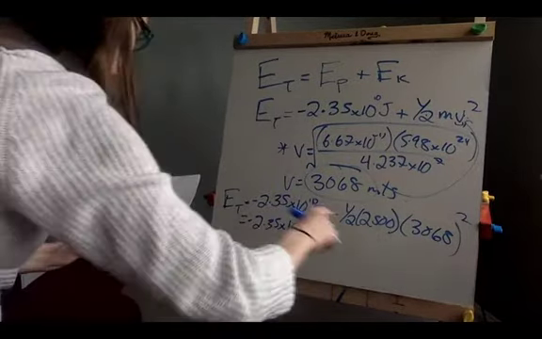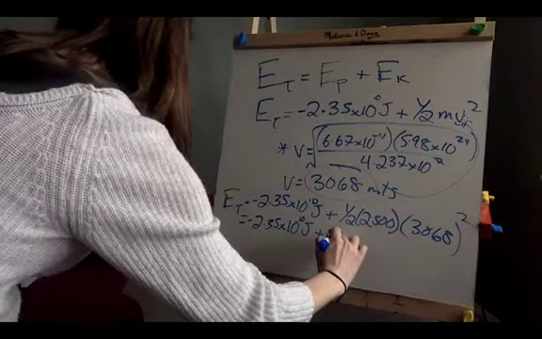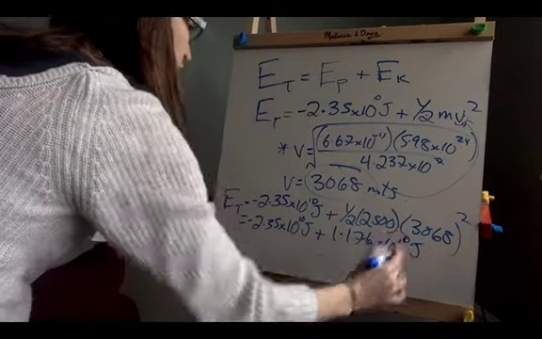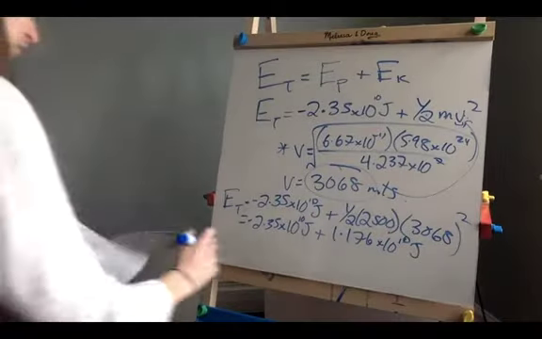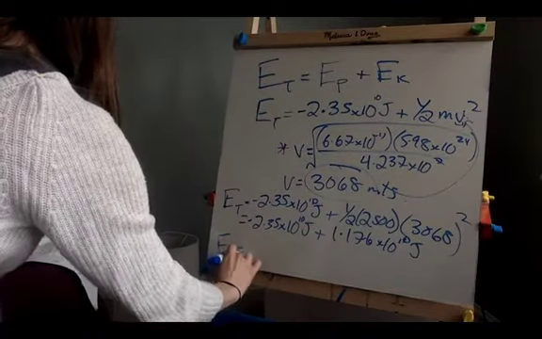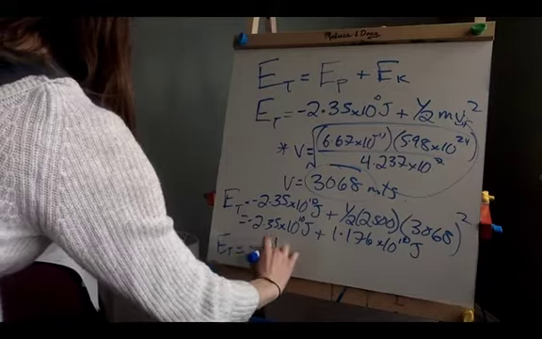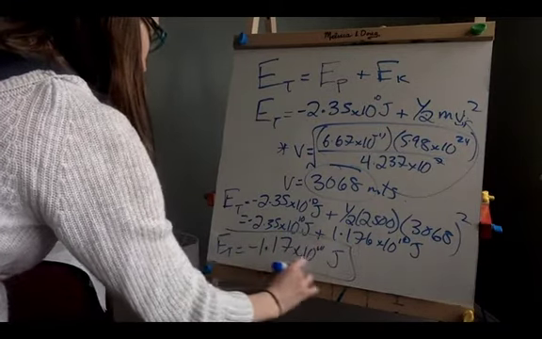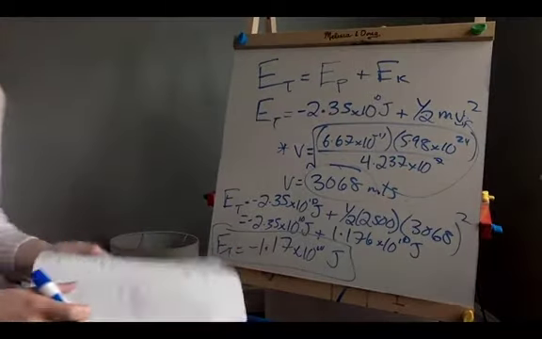So the kinetic energy of the satellite ends up being 1.176 times 10 to the 10 joules, and then you're just adding these two values together for a total energy of the satellite of negative 1.17 times 10 to the 10 joules in total.